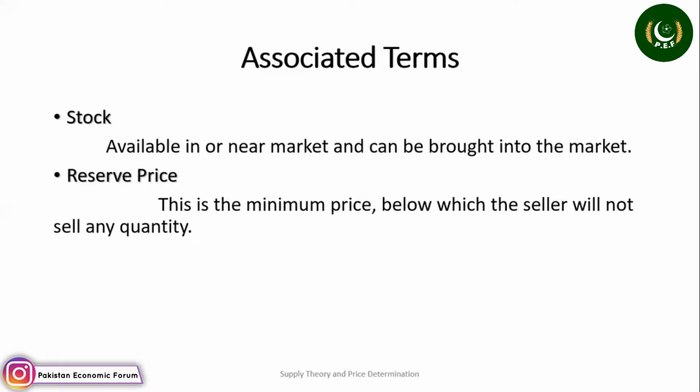Similarly, the producer also has a minimum price threshold, and this minimum price threshold is called the reserve price. If the price of the commodity in the market falls below this level, the producer would like to sell zero quantity of that commodity.